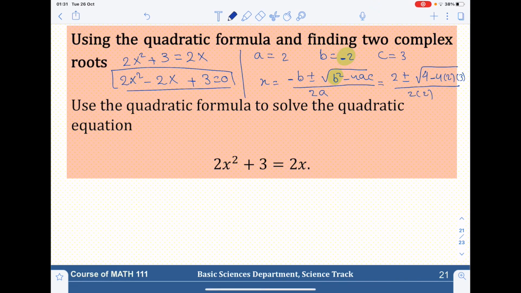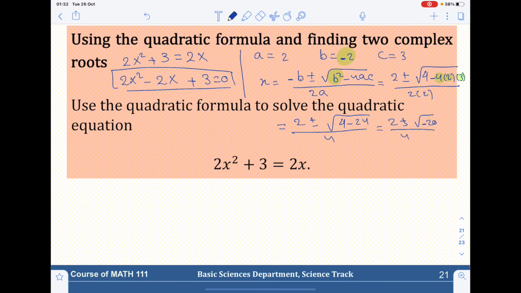So 2 plus or minus the square root of 4 minus 24, since 4 times 2 is 8, and 8 times 3 is 24. And 2 times 2 equals 4. So the value under the root would be negative 20.